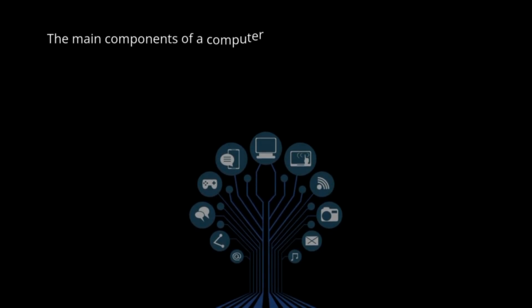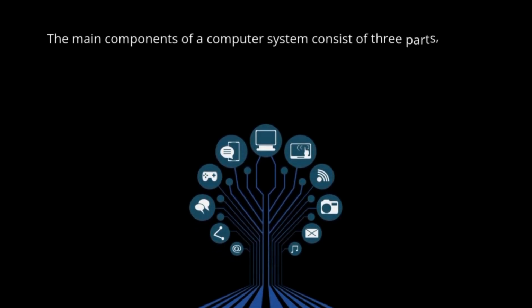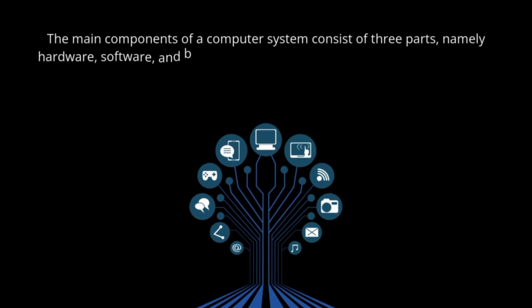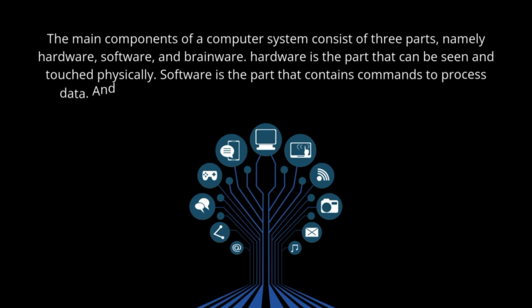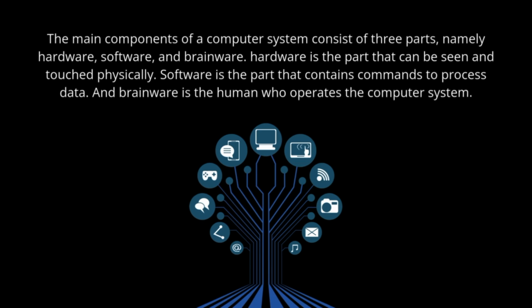The main components of a computer system consist of three parts, namely hardware, software, and brainware. Hardware is the part that can be seen and touched physically. Software is the part that contains commands to process data. And brainware is the human who operates the computer system.